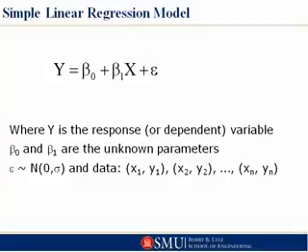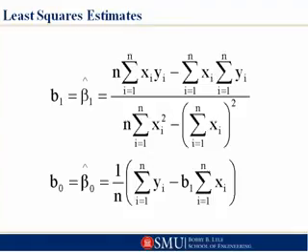And it turns out that epsilon, that error, follows a normal distribution with a mean of 0 and a standard deviation of sigma. The data we're working with are pairs of data. In the previous example, we had a pairing x1, y1, x2, y2, and we had that all the way out to x16 and y16. We had 16 pairs of data, x and y.